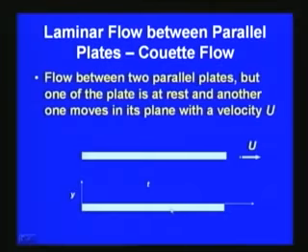Then we can use the boundary conditions. The first boundary condition is u equal to 0 at y equal to 0. The second boundary condition is u equal to U at y equal to t.